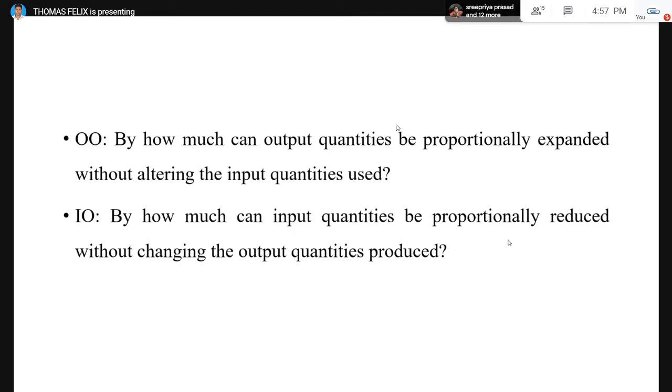Because he used 1000 kgs, the input can be reduced by 0.8, that is 800 kgs can be reduced, or otherwise we can say that with 0.2 of the input itself, we can achieve the same level of output. So these are the two different approaches of technical efficiency: one is input oriented, another one is output oriented.